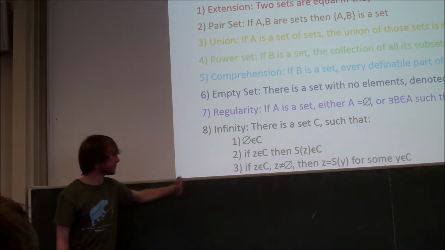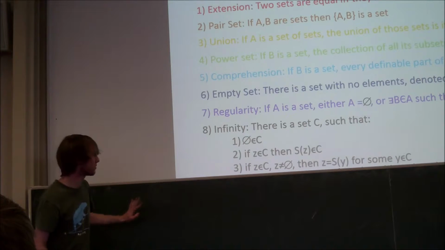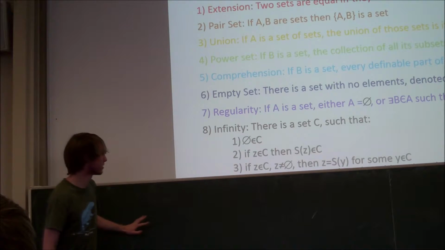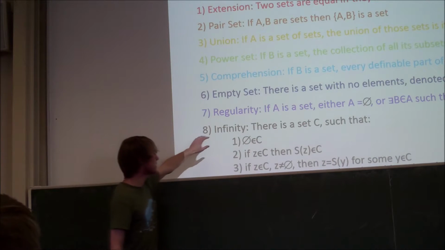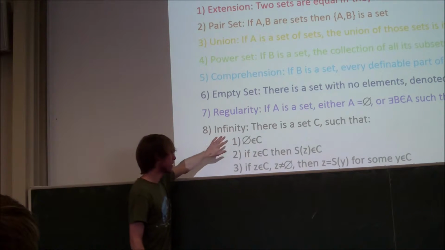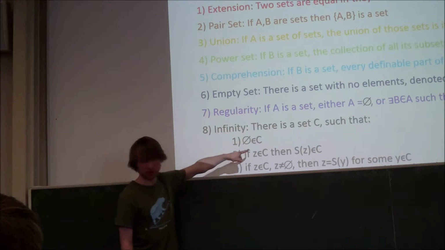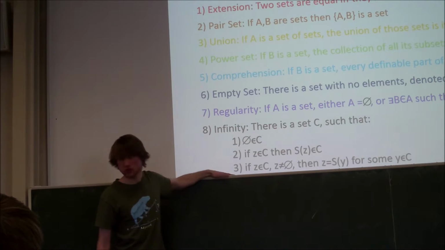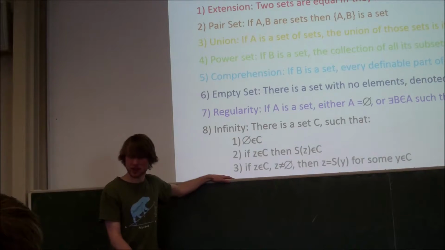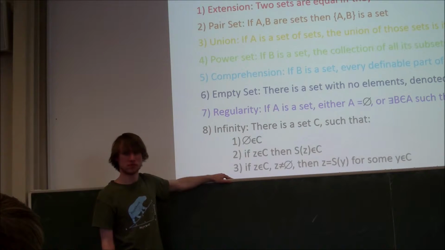And I apologize to anyone who's offended by the American natural numbers at this point, but 0 is going to be a natural number for the purposes of this talk. So we're saying 0 is a natural number, and for every natural number, that thing plus 1 is also a natural number, and for every natural number other than 0, that's some other natural number plus 1. Does that sound reasonable?